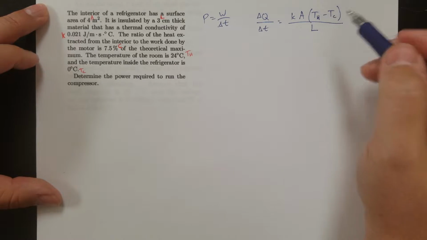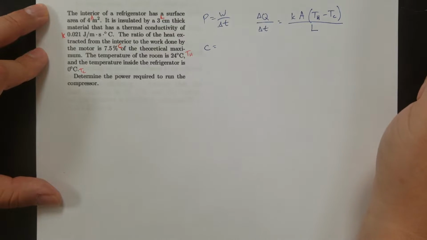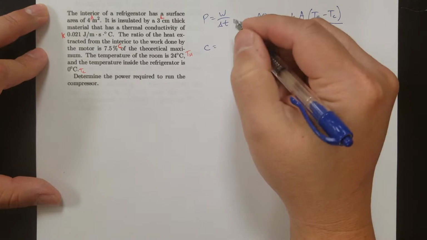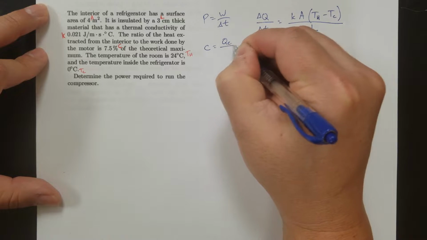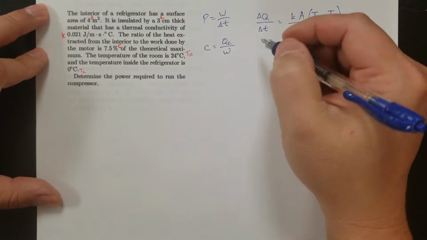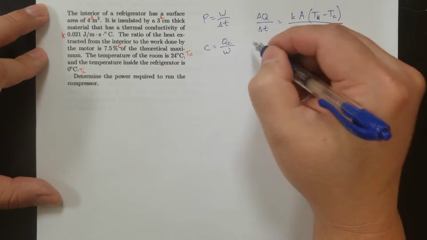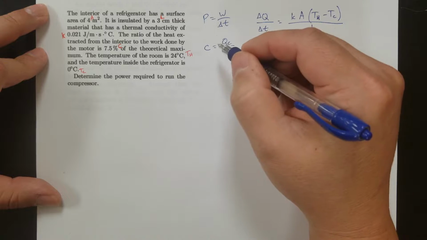So let's relate that to coefficient of performance. Coefficient of performance is basically the cold heat divided by the work. Right? So the other way you could write it, if I write this for work, so work would equal QC over the coefficient.